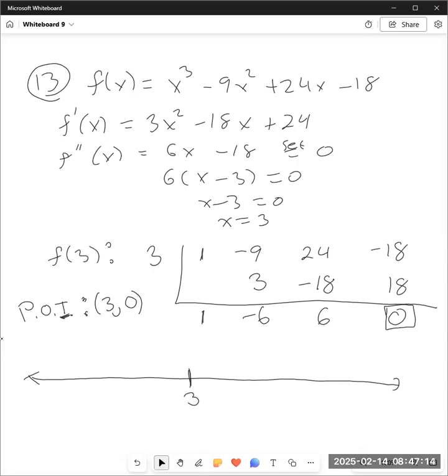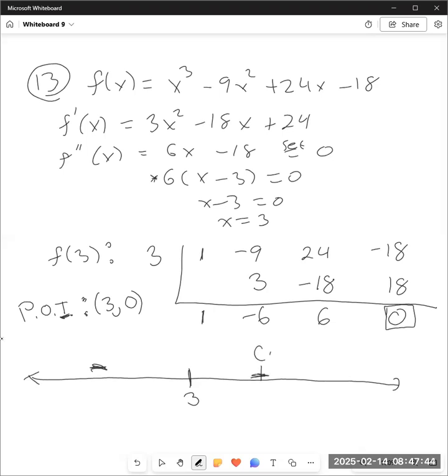Pick a number less than 3 and stick it into the second derivative because we're testing for concavity. So look at this factored form right here. A number less than 3, like 0, 6 times a -3 is going to give me a -18. Pick a number bigger than 3, like 4. 4 minus 3 is 1. 6 times 1 is a +6.